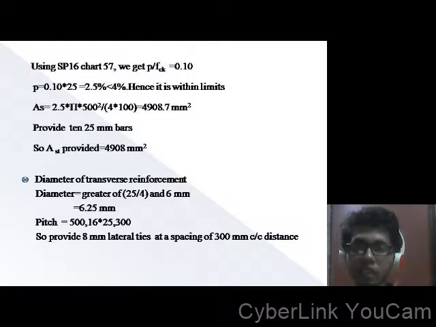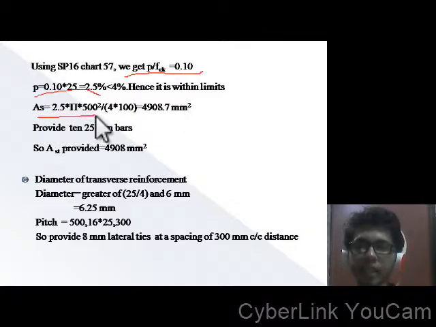Then refer to chart 57, from where we get the percentage of steel. Actually, we will not directly get it, we will get p by fck from chart 57. Since we use M25 grade concrete, we will get the value of p as 2.5 percent, which is less than 4 percent, hence it is within limit.